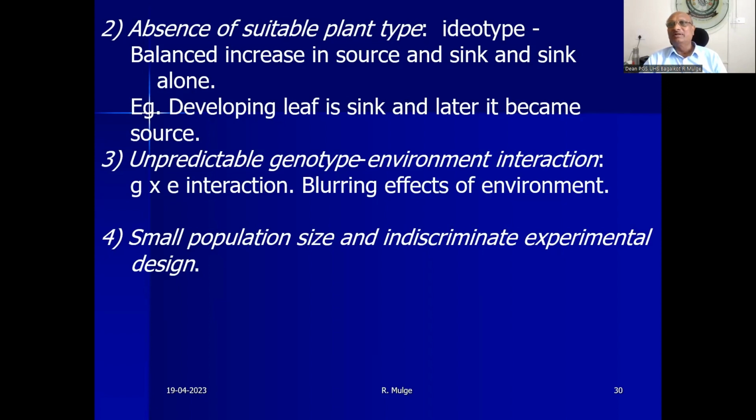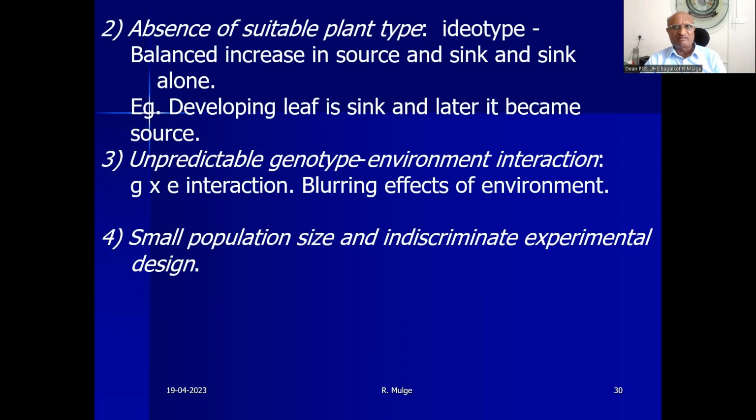You are just simply putting it in RBD, because of a large area, your assumptions for RBD is not met out, because what you assume is that in one block there is a homogeneity, there is uniformity in the entire replication one. That itself is not true, because this area is big. You don't expect the soil being uniform. So instead of that, you may have to follow the augmented design or something like that. It's just an example I have given.